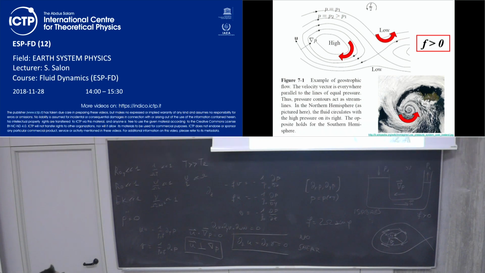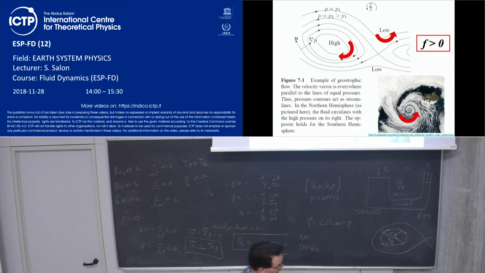The geostrophic flow is the second model that we can have, which is quite often observed on our planet. Okay, so we can say that all geostrophic flows are isobaric because they follow the isobar.